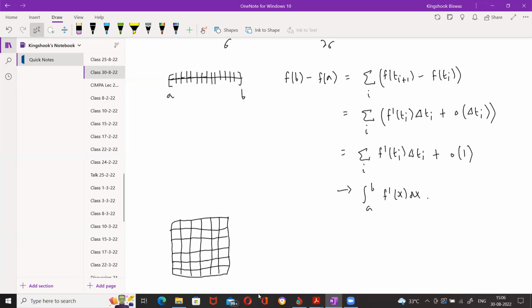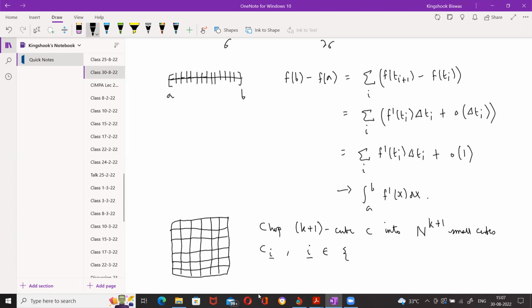So we chop the k plus 1 cube C into, let's say, n to the power k plus 1 small cubes C_i bar, where i bar is a multi-index.